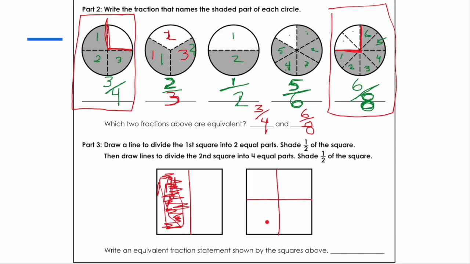It's going to give us 4 equal parts. And it says shade 1/2. So in order to shade 1/2 again, I'm going to have to do 2 blocks, right? 2 blocks. There's 1. And see, I did it just like the other one. There's 2.